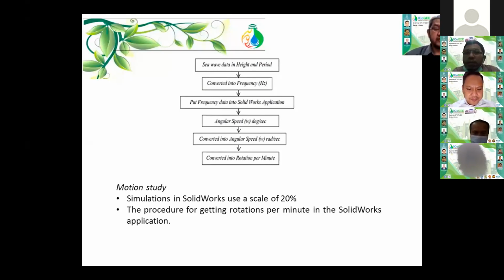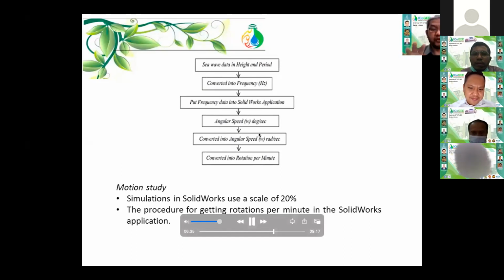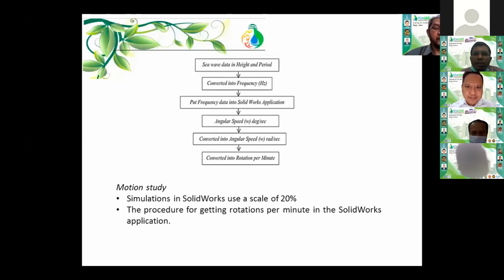This situation causes the ocean wave data to be adjusted to the scale obtained by dividing the lowest wave by the highest, which is 20%. Furthermore, the highest value is 0.245 meters, and the lowest value is 0.057 meters.